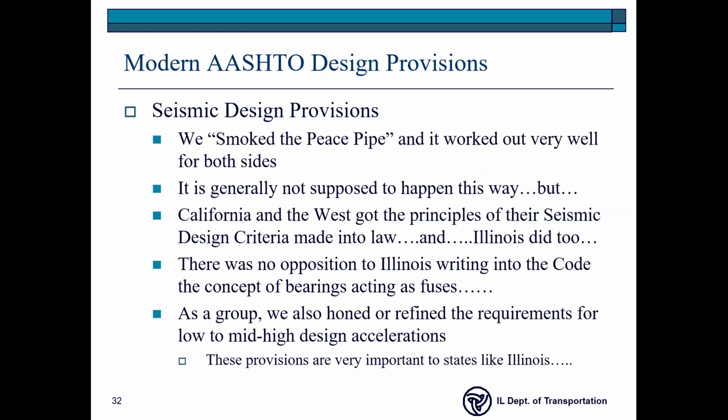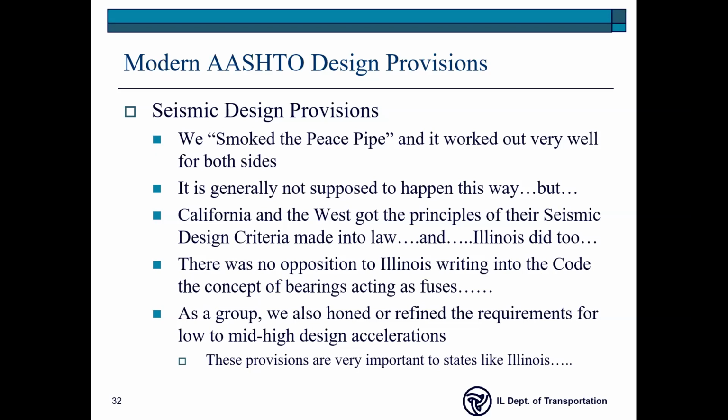My short way of saying that in this slide is we smoked the peace pipe. That's what I call it. In the end, the guide specifications that use displacement-based design actually turned out a lot better, because they got much better refined for lower design categories and lower design accelerations, which was sorely needed.